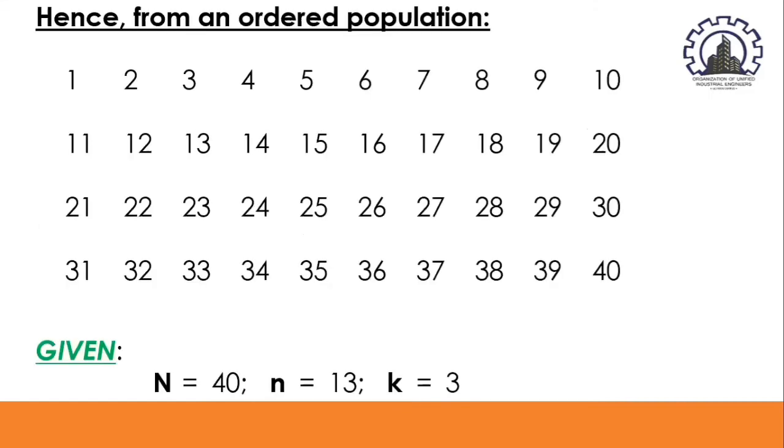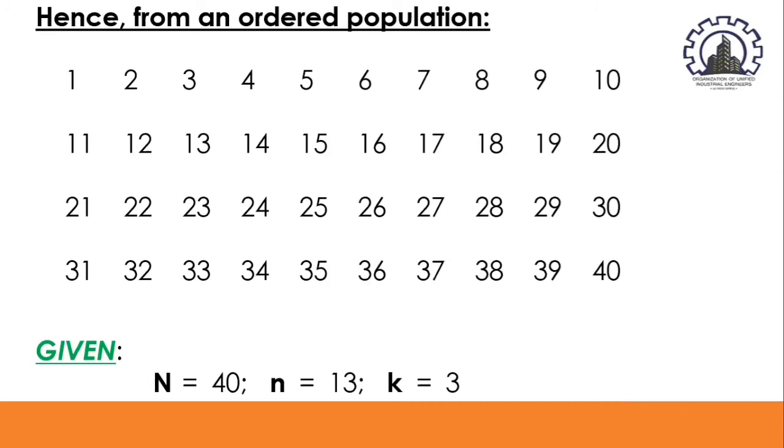So from an ordered population, as you can see in the sample, you have 40 students ordered 1 to 10, 11 to 20, 21 to 30, 31 to 40. We have 40 students as our population, and remember, we only need to select 13 students out of 40.